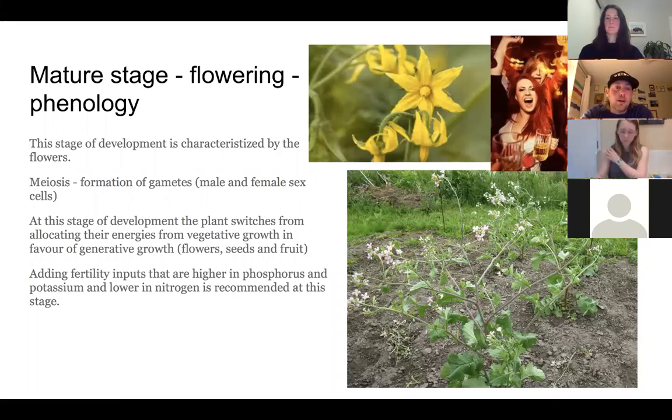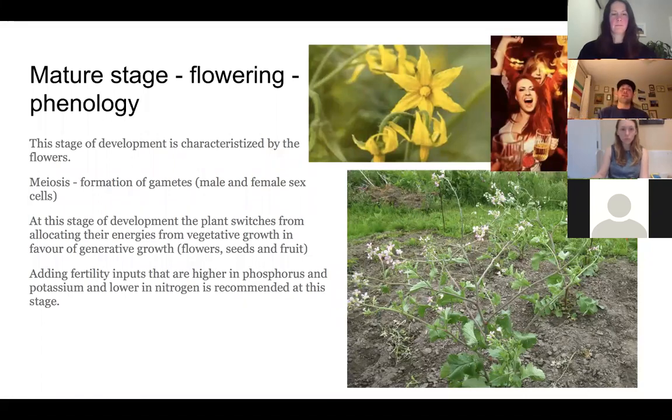At this stage, if we think about the juvenile stage as being devoted, primarily, energies and resources going to the roots, stem, and leaves, then once they start to move into this mature flowering stage, their energies are more focused on developing flowers, seeds, and fruits.